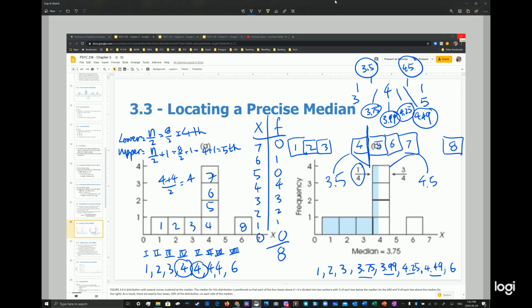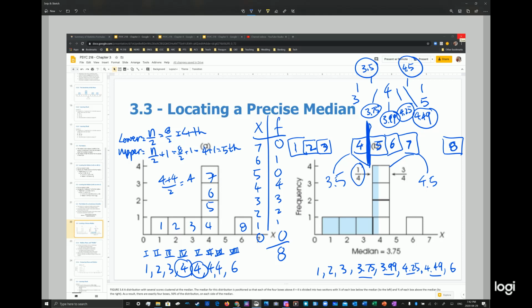At this divider right here, which I'm making a thicker line, you have 4 scores on the left, 1, 2, 3, and 4. And then on the right side of the divider, we have 4 more scores, 5th, 6th, 7th, and 8th.